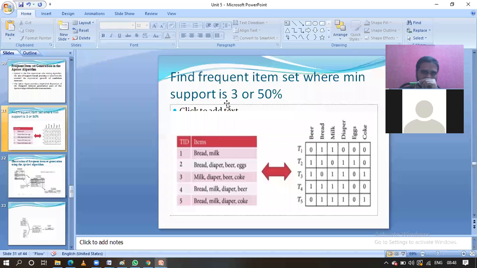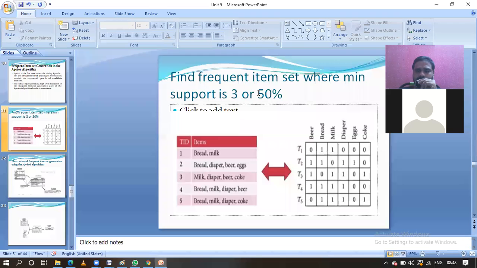In some problems they haven't provided the support, which means you have to take some support value and proceed. What is the input? Here the input is the transactions and item details they have provided. Based on this we have to generate the association rules. This is the input, and the support count is also an input.